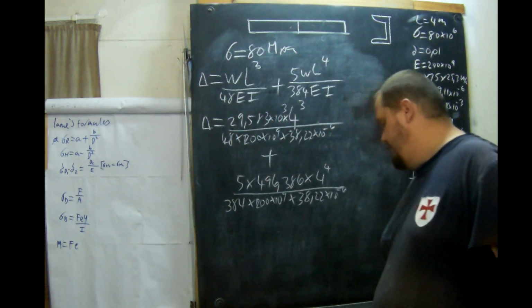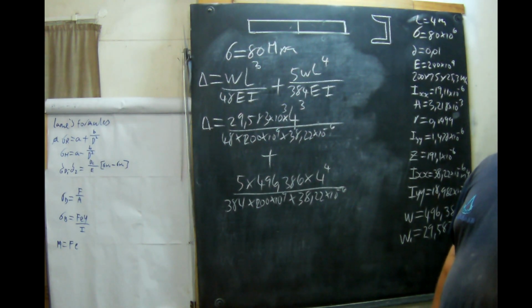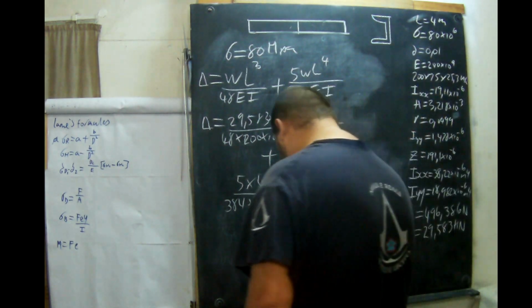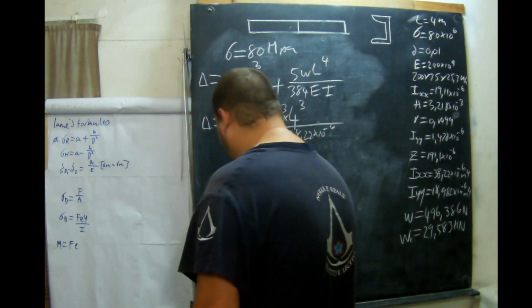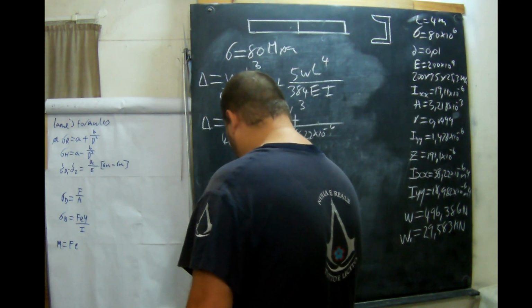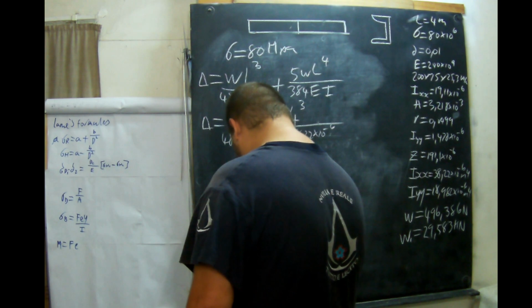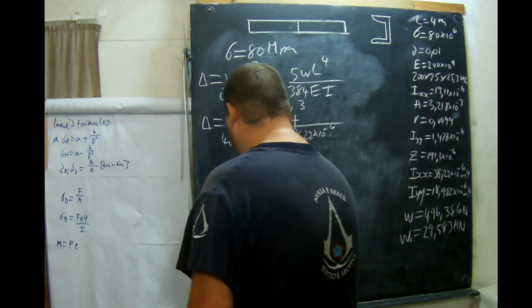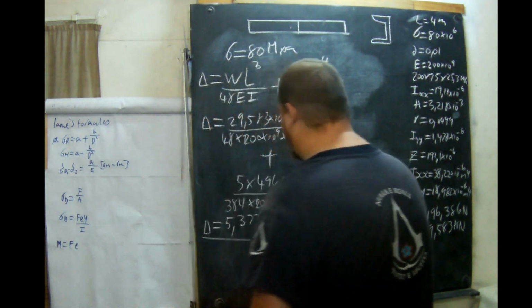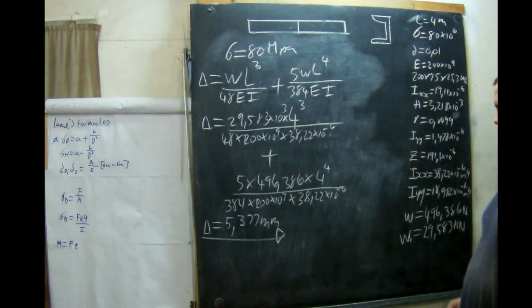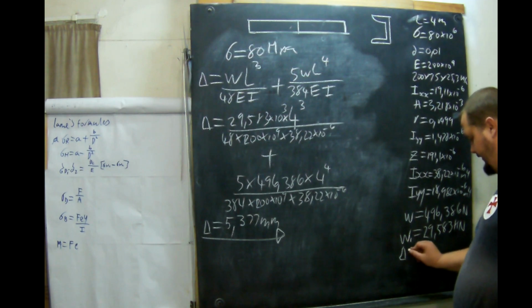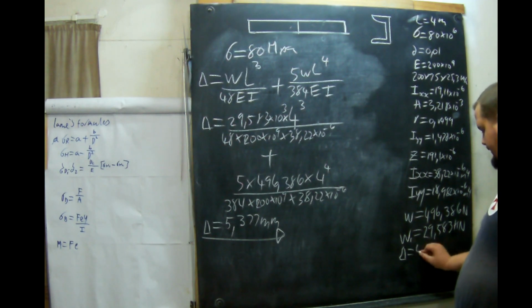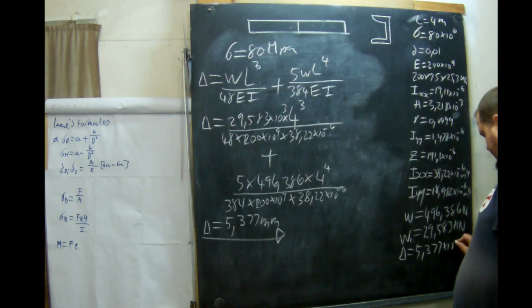Okay, plug all that into your calculator and your final answer is your deflection is equal to 5,377 millimeters. That is important for the next sum. So the actual deflection is 5,377 times 10^-3.